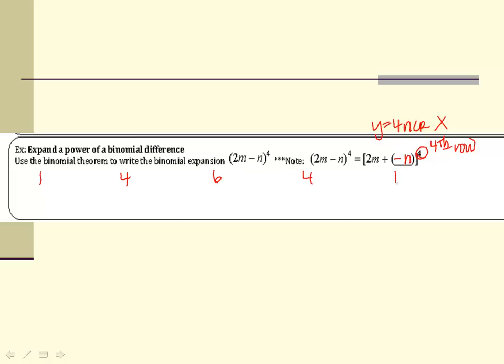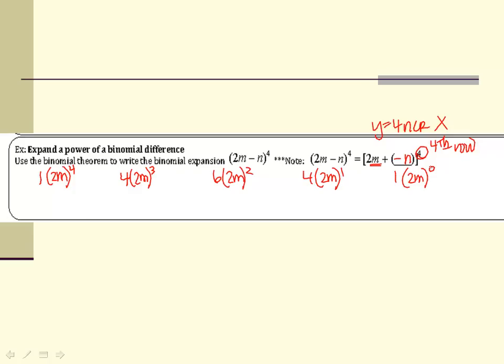And again, I always start with my combinations first. Then I take the first value and I raise it to the 4th power. Because there's more than one item, you're going to put it in parentheses to multiply. 2m to the 4th, 2m cubed, 2m squared, 2m to the first, 2m to the 0.